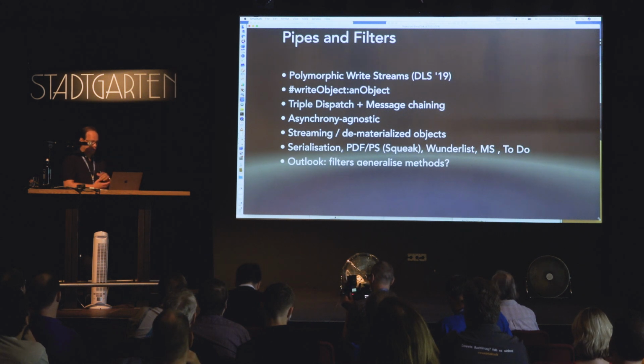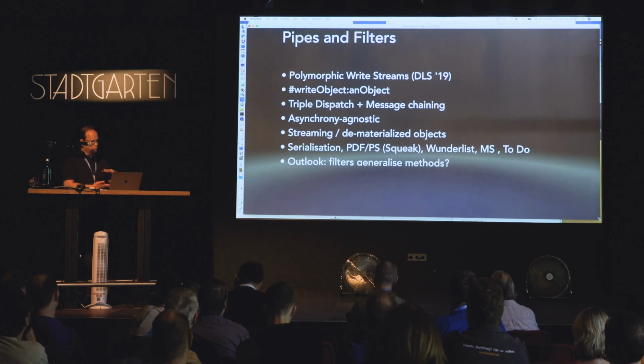That's actually a simple version of that polymorphic write stream. Again, we used it in Wunderlist, Microsoft To Do. And another thing that's interesting is that you can actually map call and return on top of those streams, but it's more difficult to do it the other way around. So there's a question whether filters actually generalize methods.